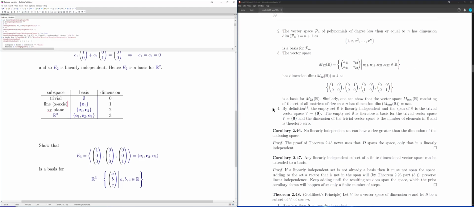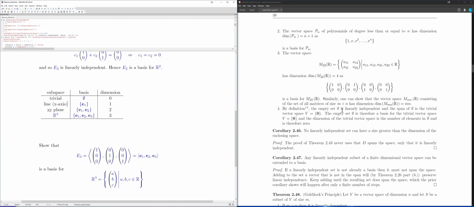So this is what this is saying. The empty set by definition is linearly independent, and the span of the empty set is the trivial subspace, in other words just the dot at the origin.